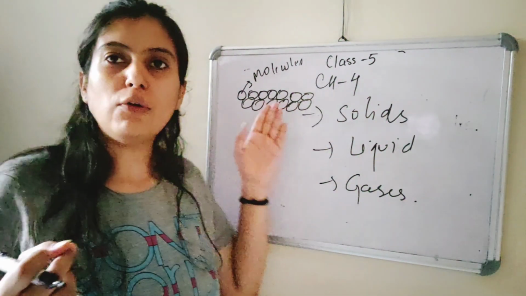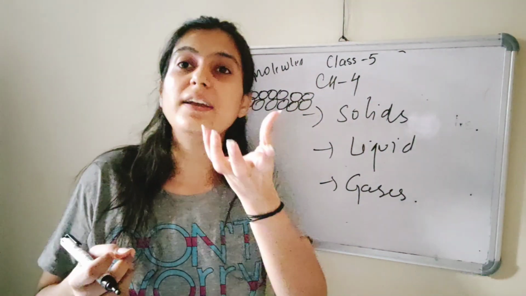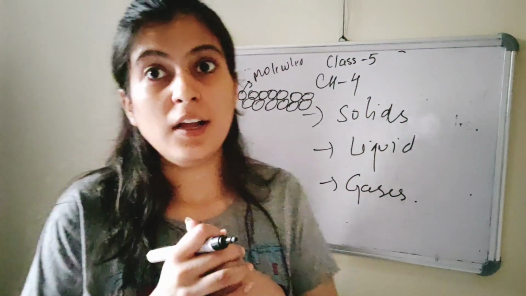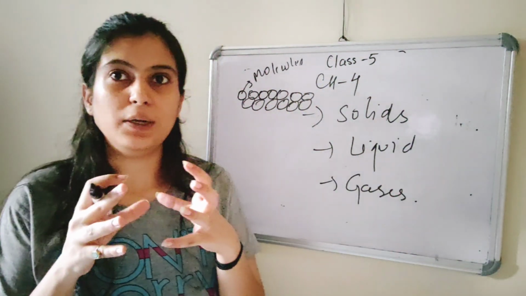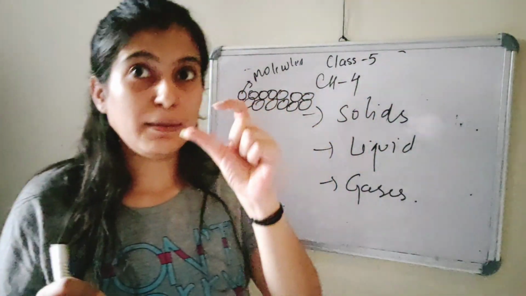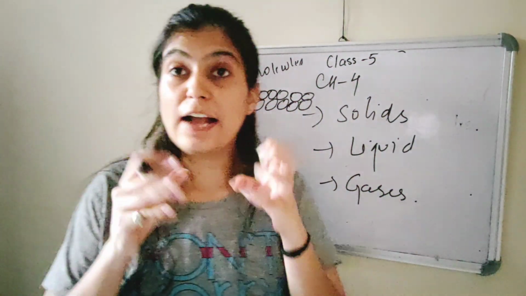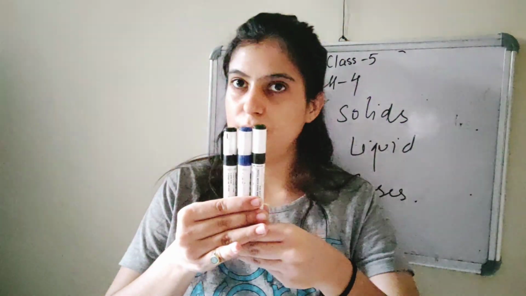Now, if we talk about why this arrangement exists, there must be something which is helping the molecules to get closer, right? What is that basically? That is basically the forces of attraction between the molecules. Suppose these are the three molecules.